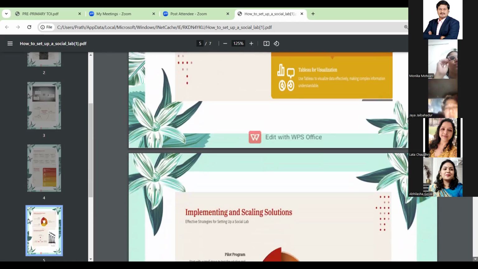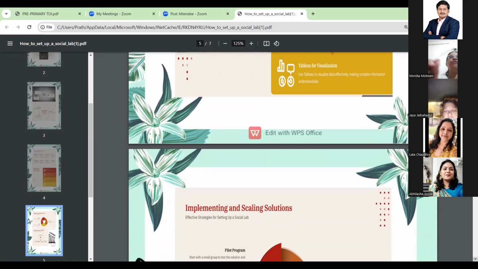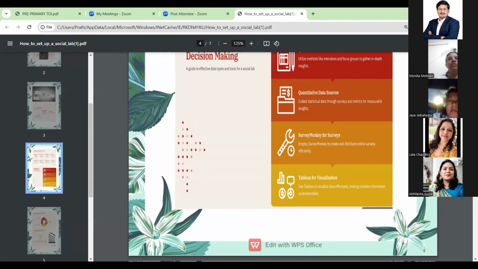Just a short review of Tableau. Tableau is a powerful data visualization tool that enables users to transform raw data into interactive and insightful visual representations. It is widely used by analysts, scientists, and business professionals to create charts, graphs, and dashboards that facilitate data storytelling and decision making.